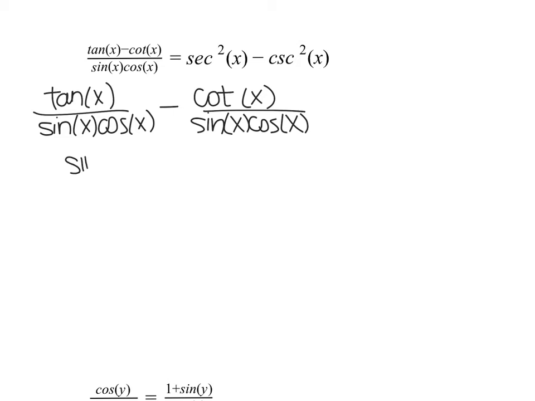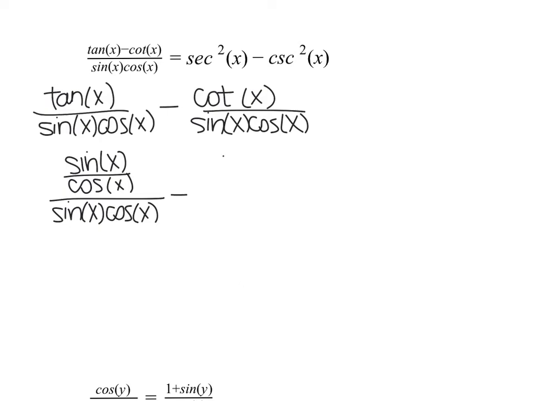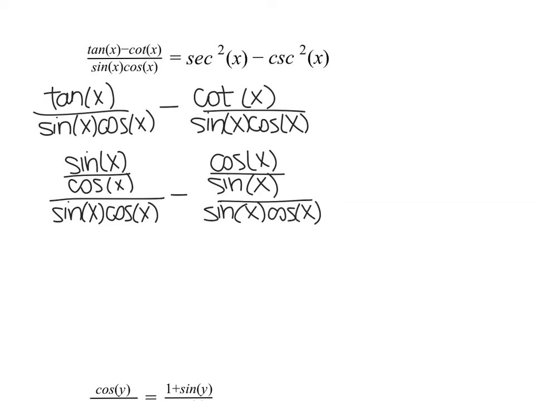So we get sine of x over cosine of x all over sine of x cosine of x, minus cosine of x over sine of x all over sine of x cosine of x. Okay.